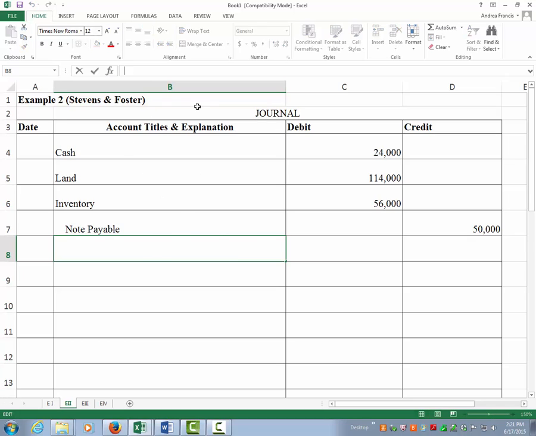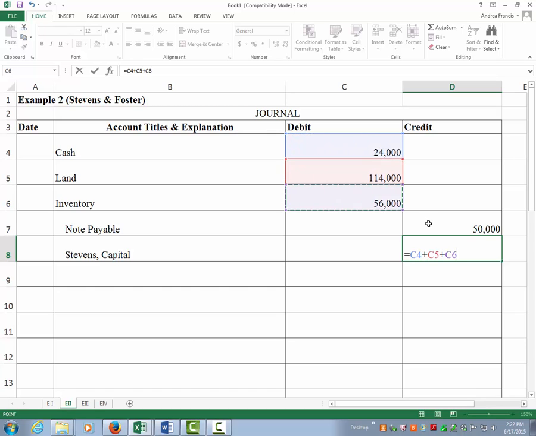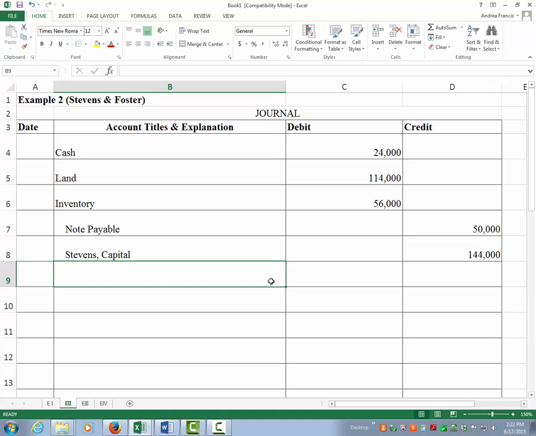And now the final step is to record Stevens' capital. The way we derive that amount is that we add these three items together because those are the assets, and then subtract the liability, and the difference is going to be Stevens' capital of 144,000. And here we will just give a very basic description saying that Stevens invested.